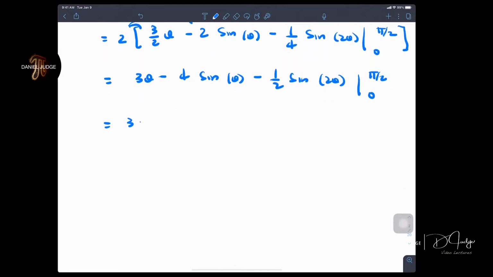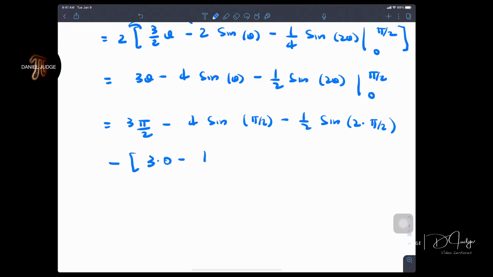So we get 3 pi over 2 minus 4 sine pi over 2 minus 1/2 sine 2 times pi over 2, minus 3 times 0 minus 4 sine 0 minus 1/2 sine 2 times 0.